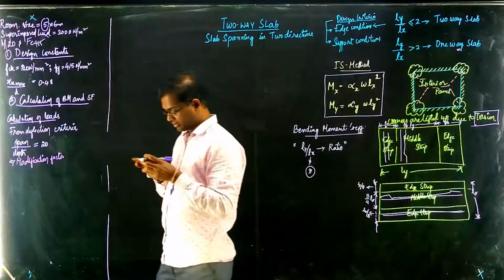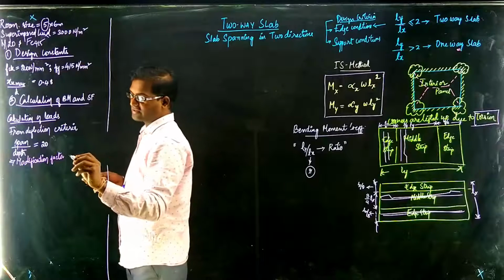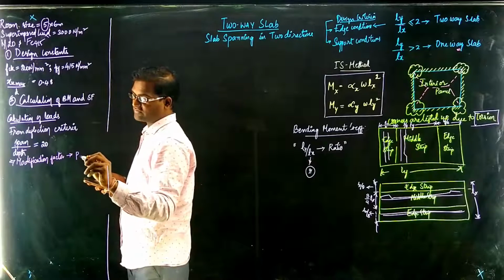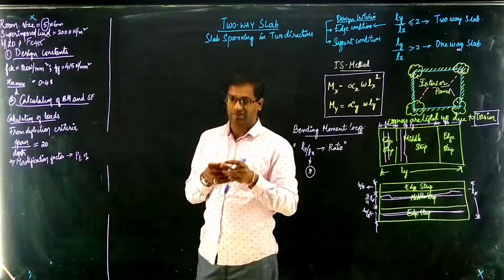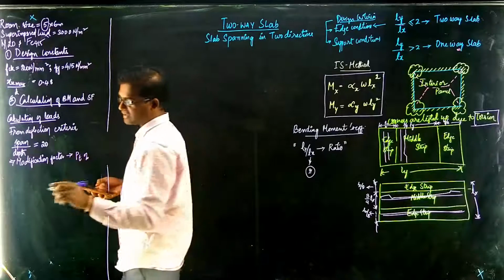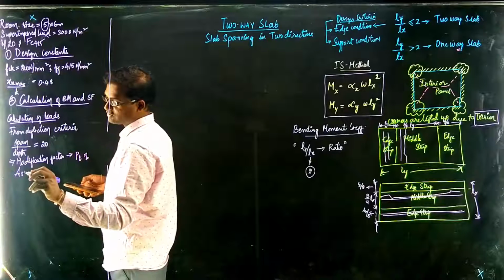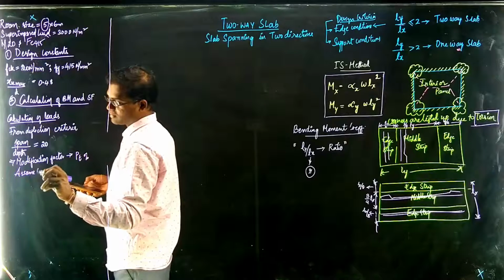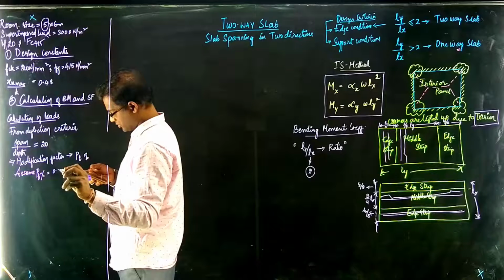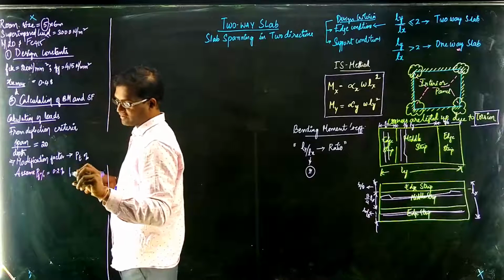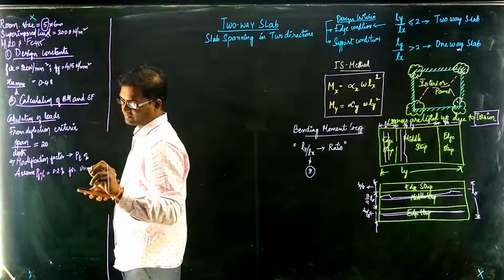We need to calculate the modification factor, which depends upon the percentage of steel provided. Because the percentage of steel is not yet calculated, we assume pt percentage as 0.2 percent for an under-reinforced section.